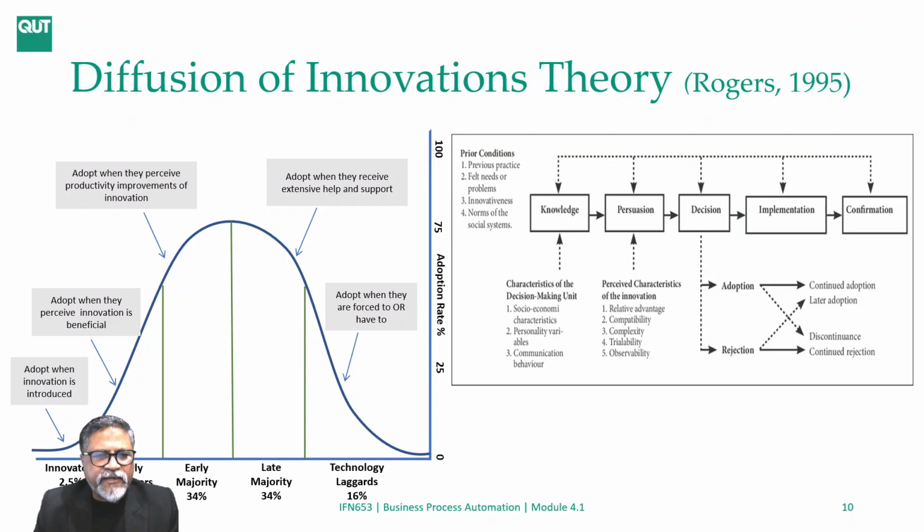And if we can categorize what percentage of people will be innovators and early adopters, we design our automation strategies according to the first 16% of the organizational staff. So the proofs of concept will come in handy in these two stages.